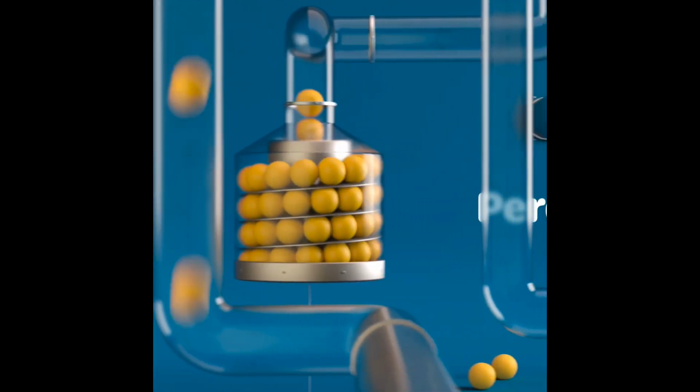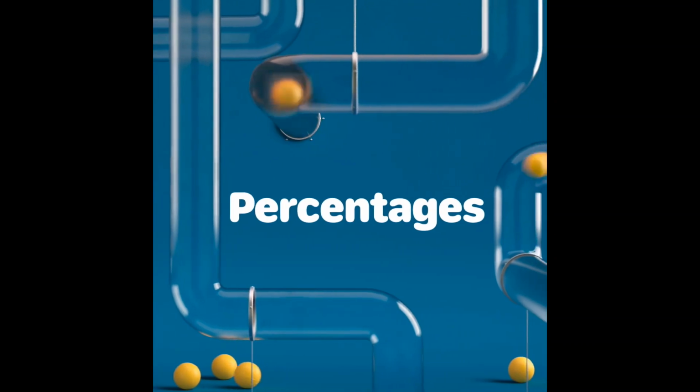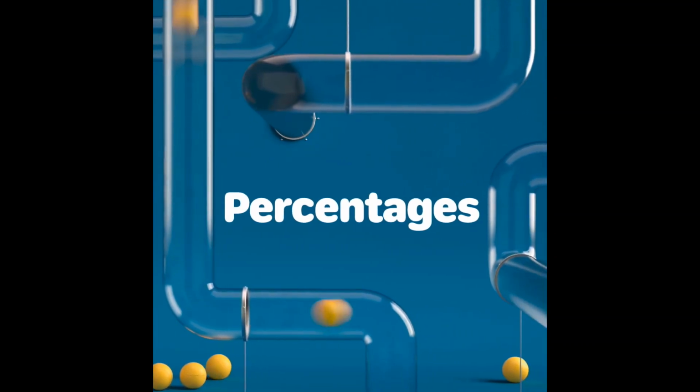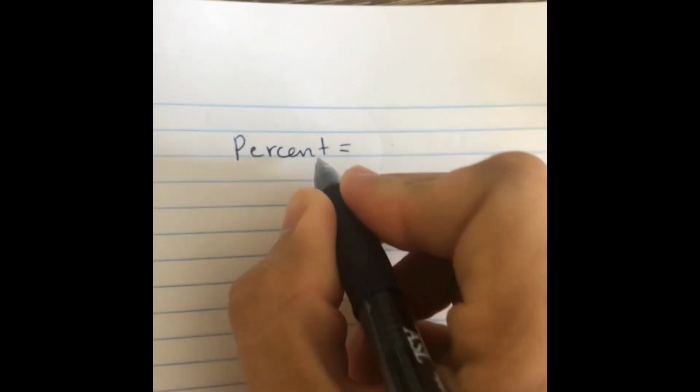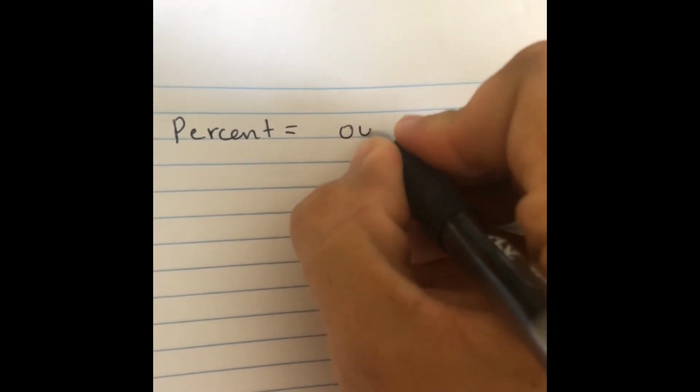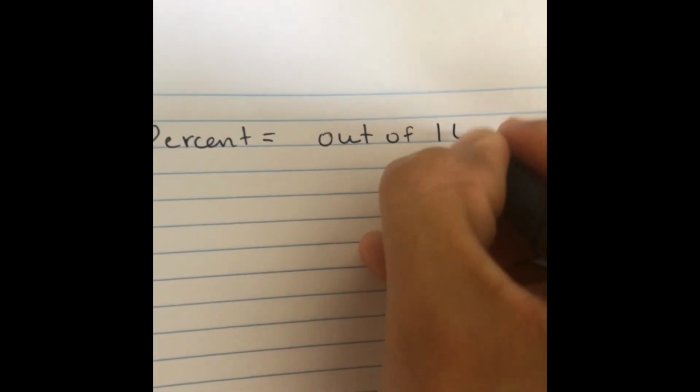So here's a review or a recap on percentages, the things that we learned on Monday. All right, so what we learned last week is that when we're talking about percentages, we're talking about fractions. What would the fraction look like if it was out of 100?